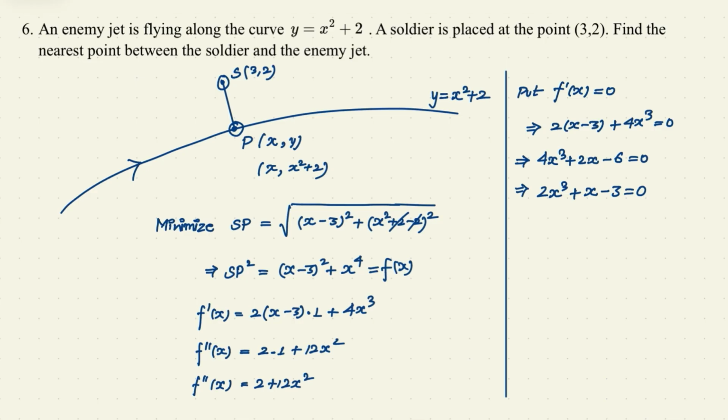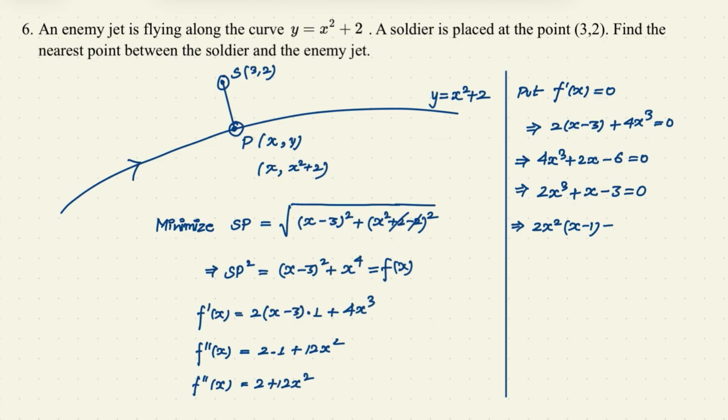So if I put x equals to 1 here, then it will be 2 plus 1 minus 3, and that will satisfy this equation. That means x minus 1 is a factor of this equation. Then we can rewrite this equation as 2x square into (x minus 1), because 2x square into x is 2x cube, but here minus 2x square is the extra part.